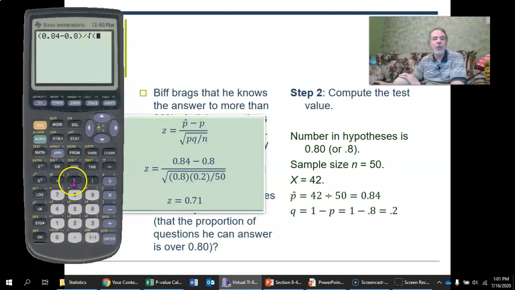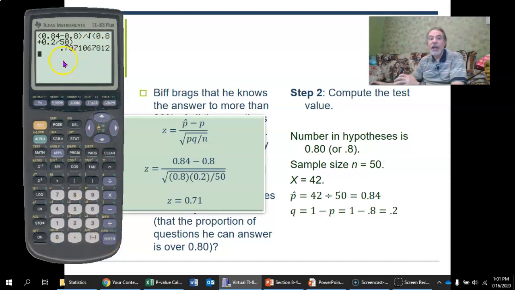If yours doesn't, you want to put a parenthesis here. But inside one set of parentheses, we need 0.8 times, they're right up next to one another, so they're being multiplied. So I'm going to put that in as times 0.2 divided by 50. And then close the parentheses for the square root.